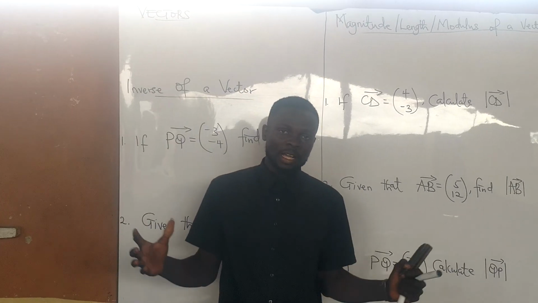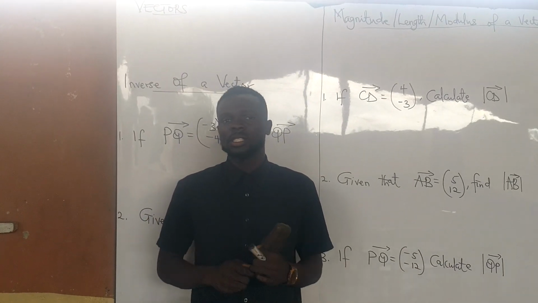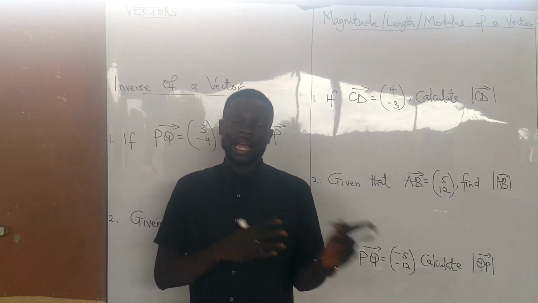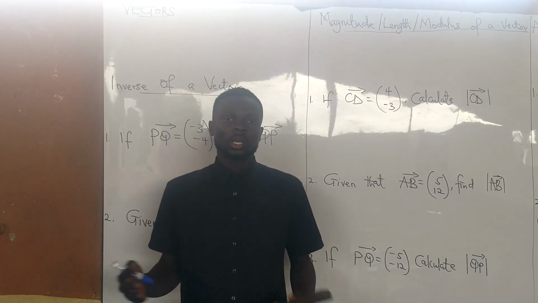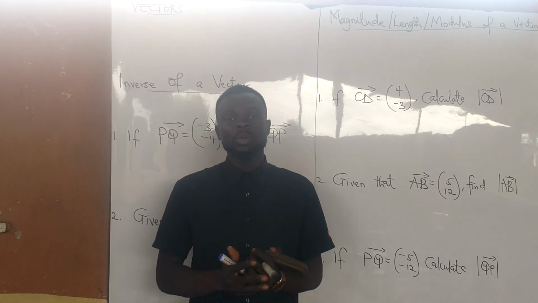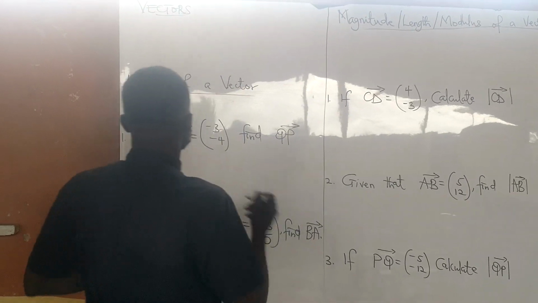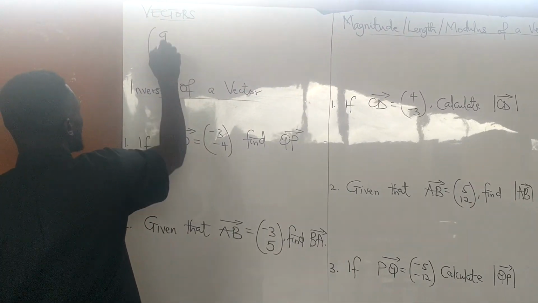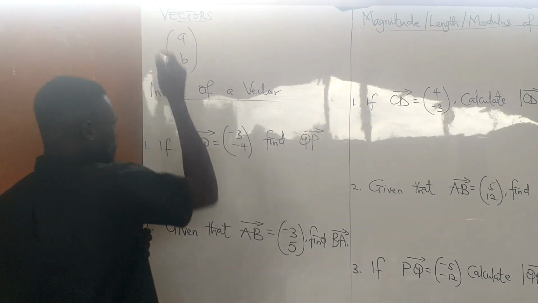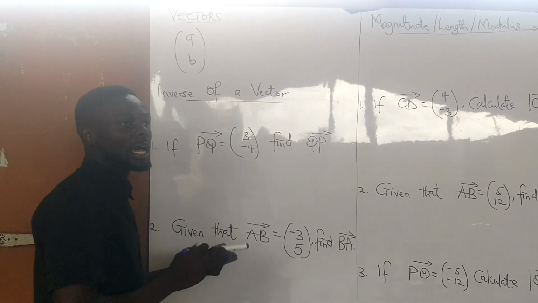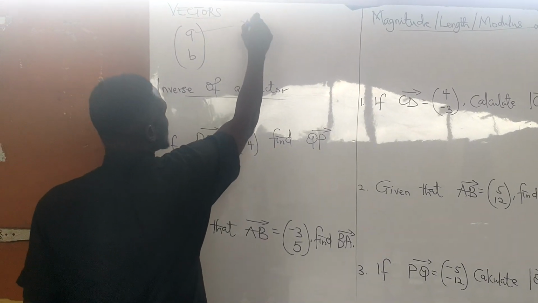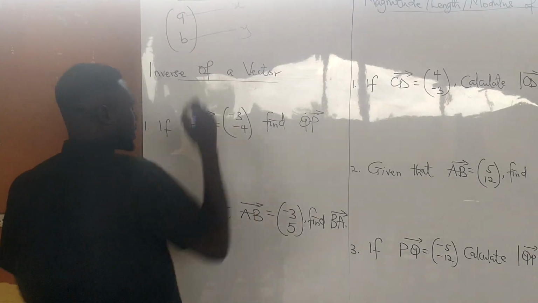Now when we say vector, a vector is a quantity that shows direction and magnitude. And also, we have to know that what makes a quantity a vector is when you have something like (a, b) written vertically in order, where the first value is the x component and this is the y component.